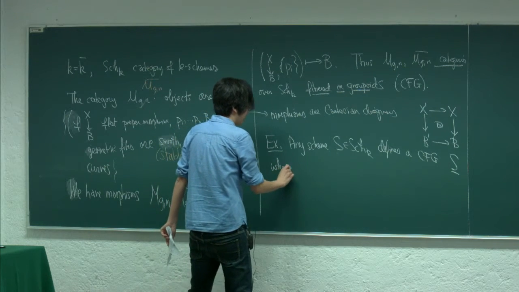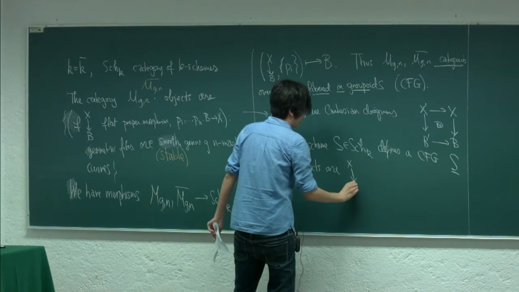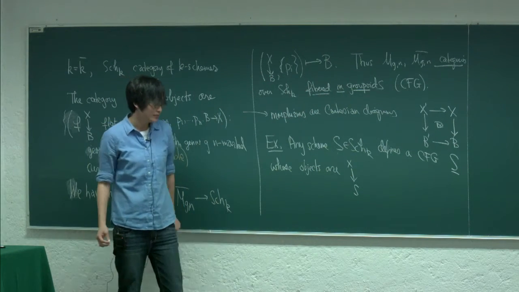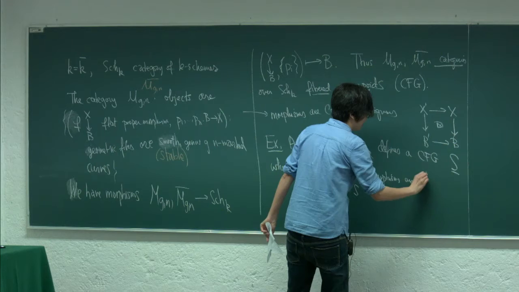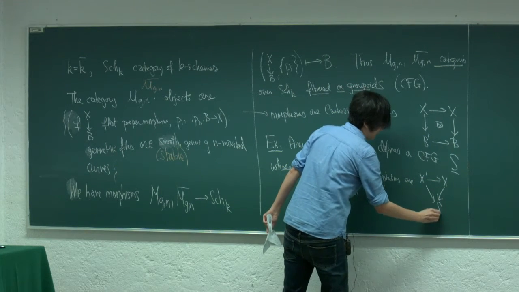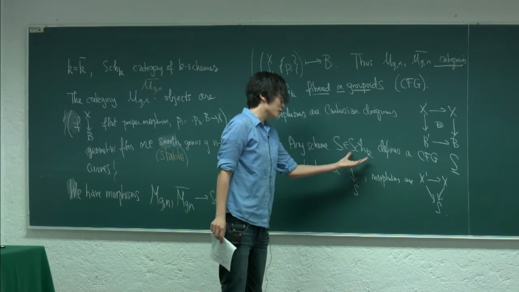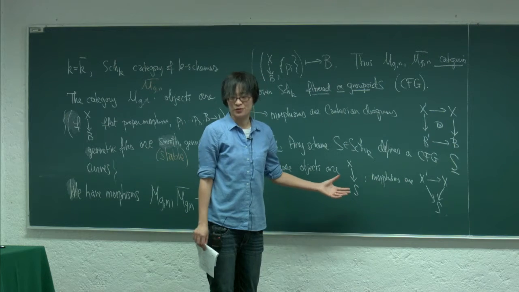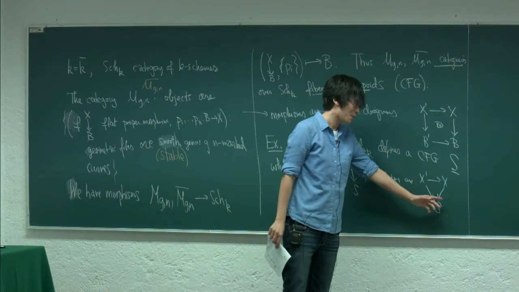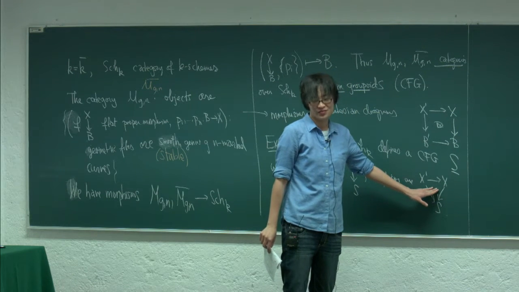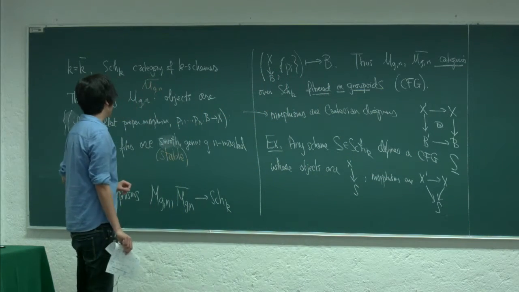And the objects of S underline are just schemes over S. So the objects are morphisms X to S of K schemes, and the morphisms are commuting triangles, X prime to X down to S. And this is certainly a category over the category of K schemes, and I claim that it's fibered in groupoids, which in this setting amounts to checking that compositions now, not pullbacks, but literal compositions of morphisms exist and are unique. Okay, so this is the setting in which we're treating MGN and MGN bar.